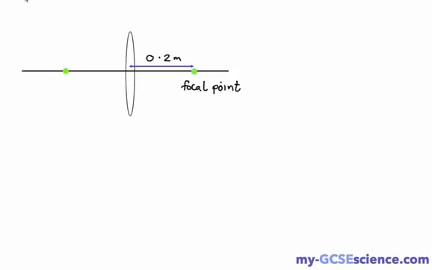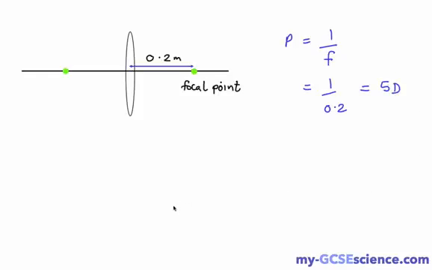The last thing, just quickly, I think we could possibly do is just try a couple of calculations for our lens power. This is very straightforward. We've got a lens here, a focal length of 0.2. So if you remember the formula, it was power is 1 over f. So in this case it'd be 1 over 0.2, and so the lens power here is 5 diopters.